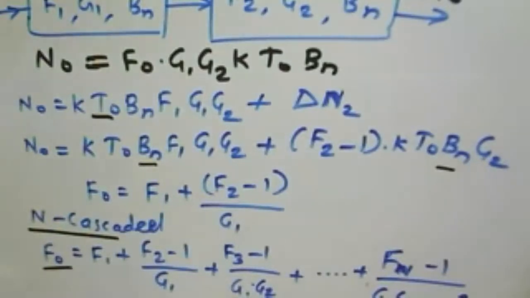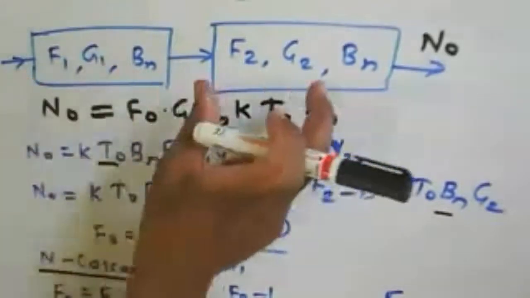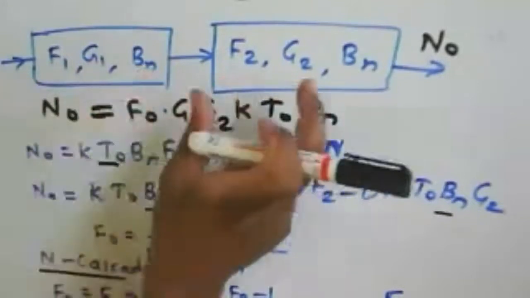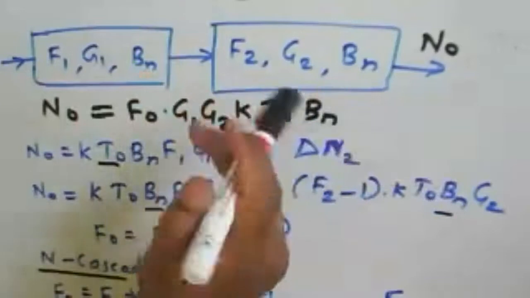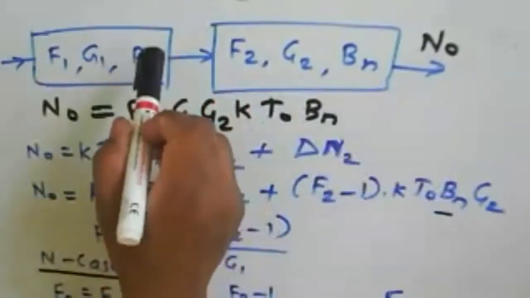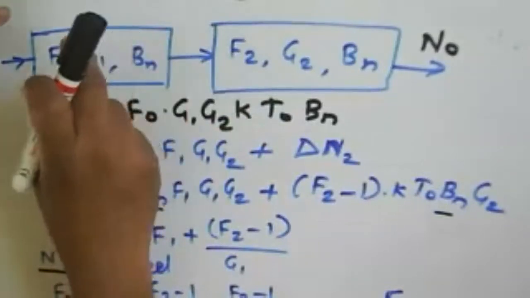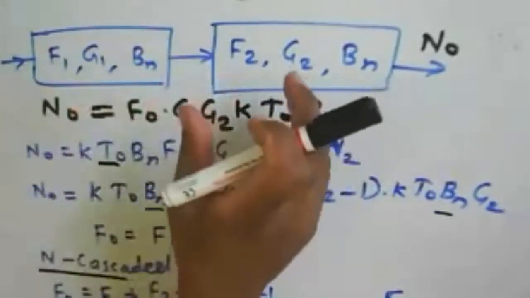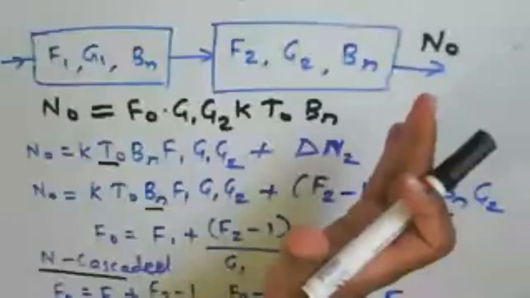If we consider each and every cascaded network, the temperature of the individual network will not be the same. The components are different, so that's why there will be a difference in the temperature for device 1 and device 2. So while cascading this particular network, the overall noise temperature of this network will be different.